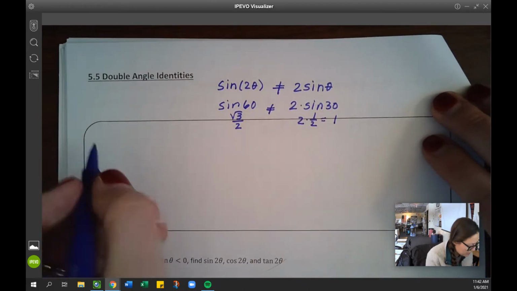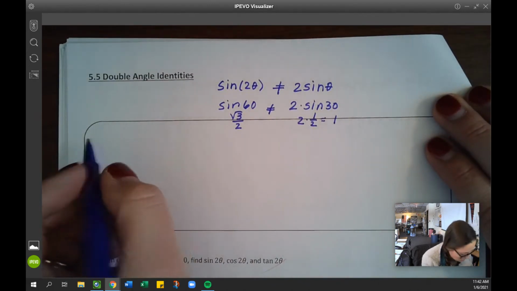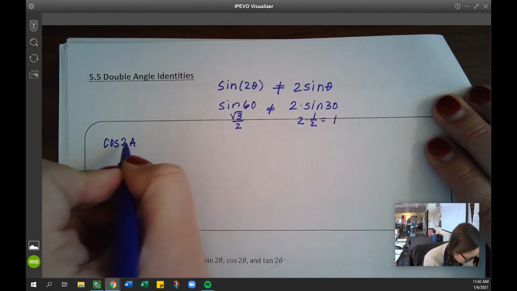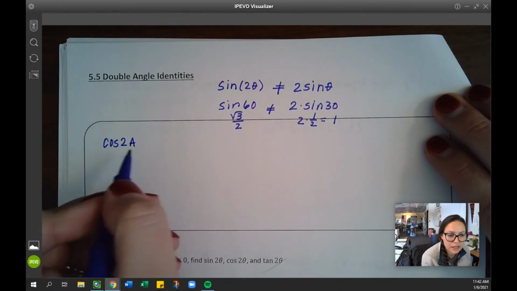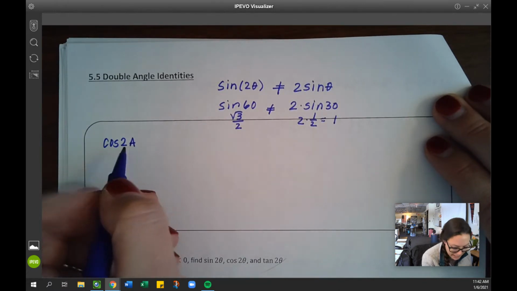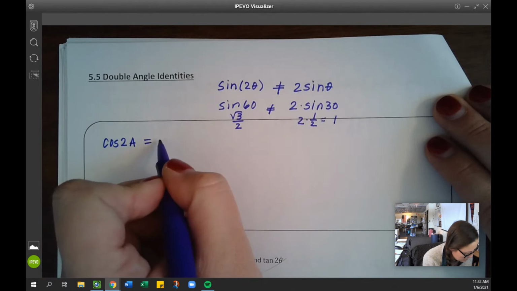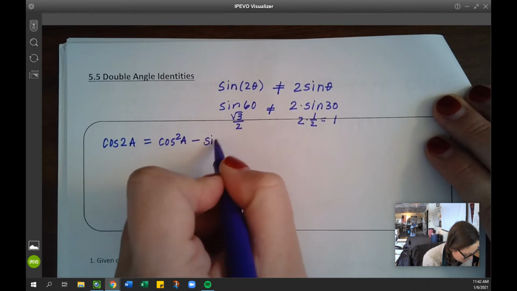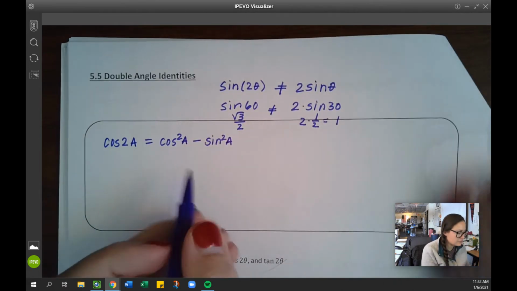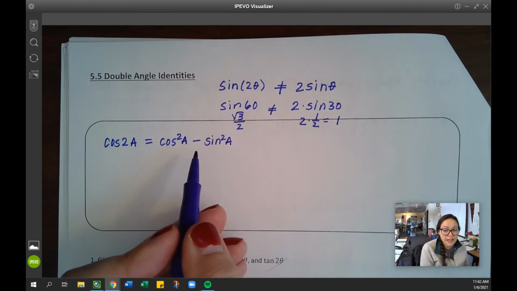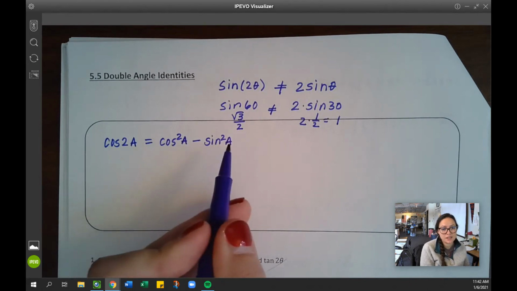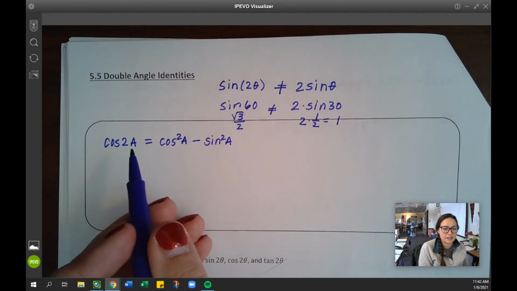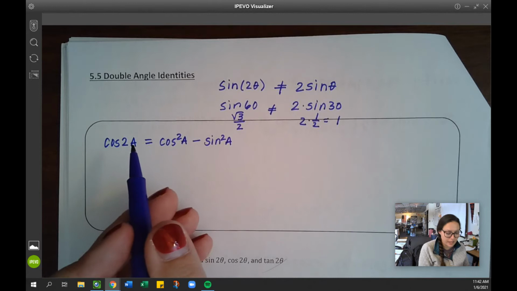We actually have 3 different ways to find cosine 2 theta. We're actually going to use a instead of theta, but the letter itself doesn't make a difference. Cosine 2a is the same thing as cosine squared minus sine squared. So this is different than the trig identity because cosine squared plus sine squared is 1. But if you subtract them, you get the cosine of the double angle.